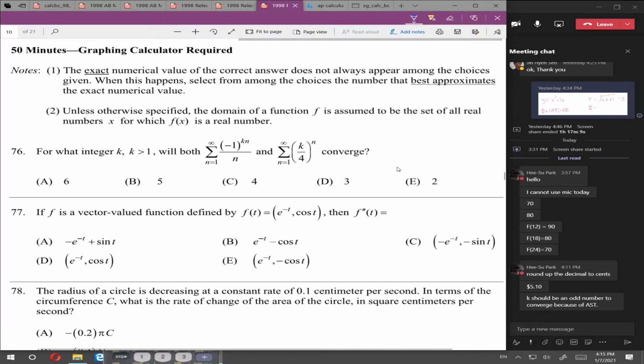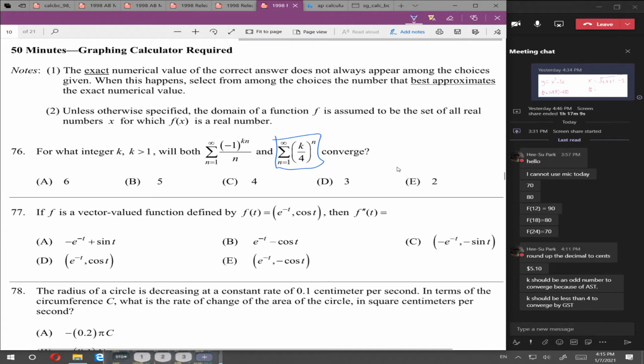Okay, k should be an odd number, so it will converge by alternating series. What about our right side then? K needs to be less than 4.